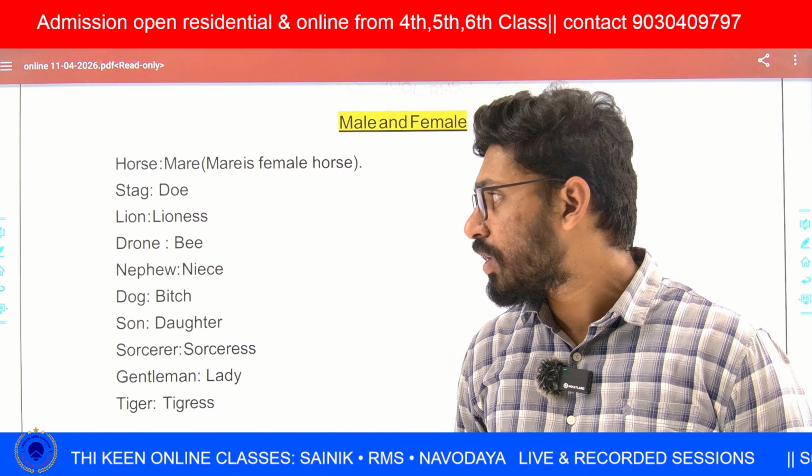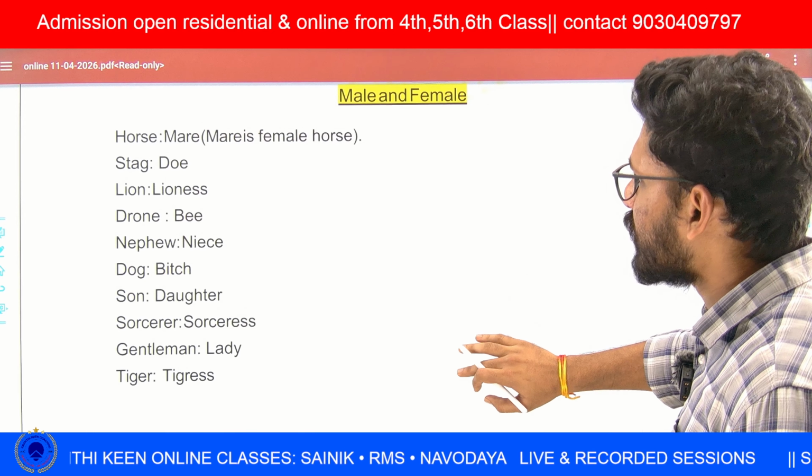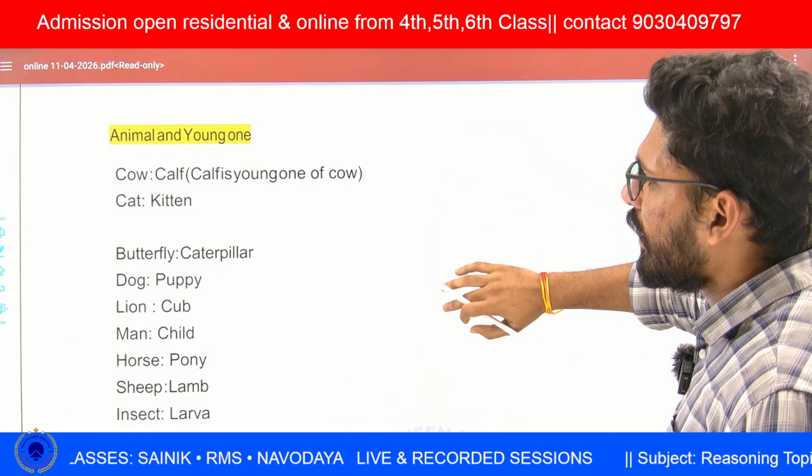If you don't have the basic knowledge, you will be confused and won't find the exact alternative from the given options. Yesterday we learned male and female. I hope you all revised yesterday's class and attended today's class.